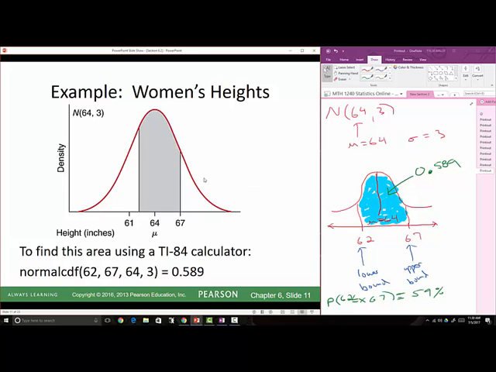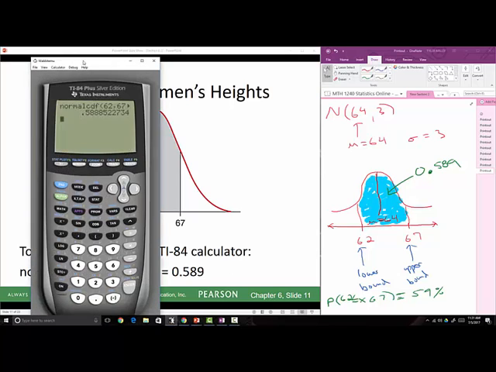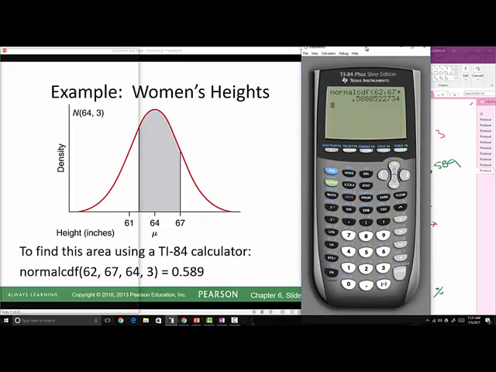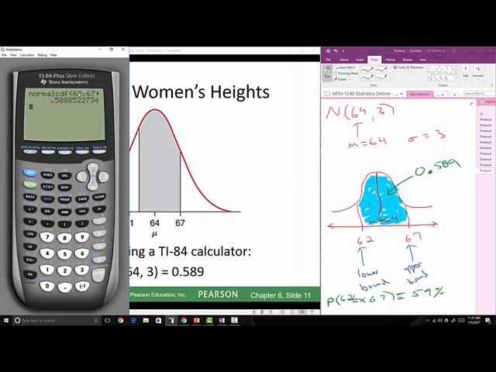If we go on the next slide, I just had a more computer-generated picture here. Here, this is 62 to 67. Find the area in between. So on the TI-84 graphing calculator, yours may also have the prompt where it just has you input the inputs, and then it types it in this fashion for you already.